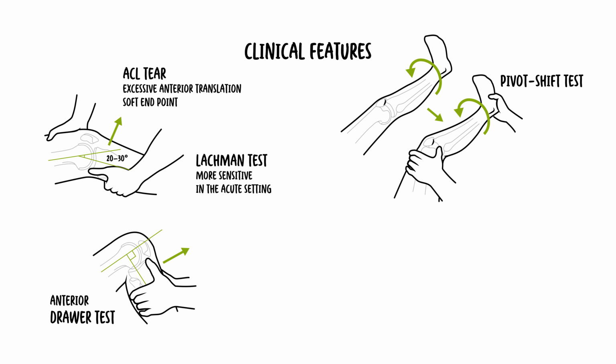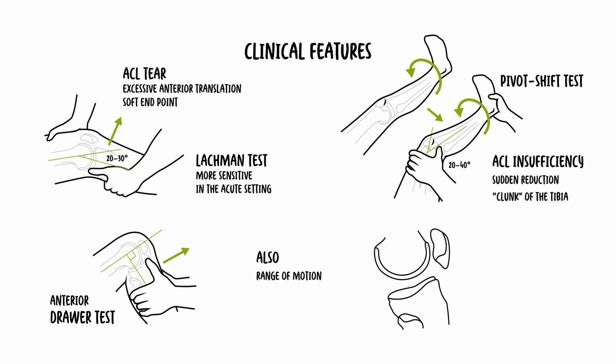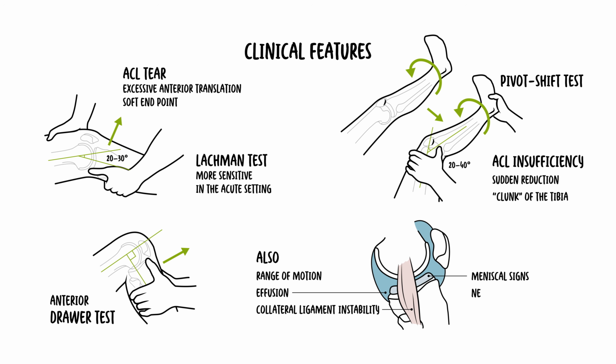A positive test is felt as a sudden reduction or clunk of the tibia around 20 to 40 degrees of flexion, suggesting ACL insufficiency. Assessment should also include range of motion, assessing for effusion, collateral ligament instability, meniscal signs, neurovascular status, and examination for associated injuries.